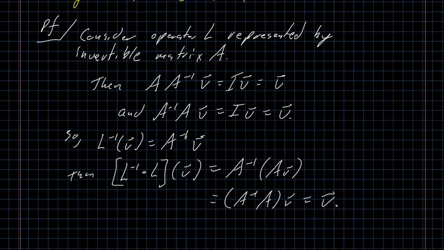I'm not going to write out both sides of the argument. All right, that's half of the battle. If you have an invertible matrix, then the inverse matrix gives you the inverse transformation.